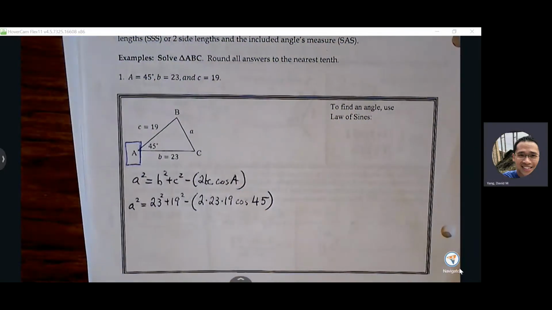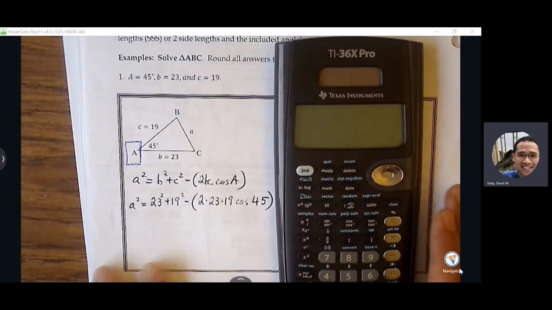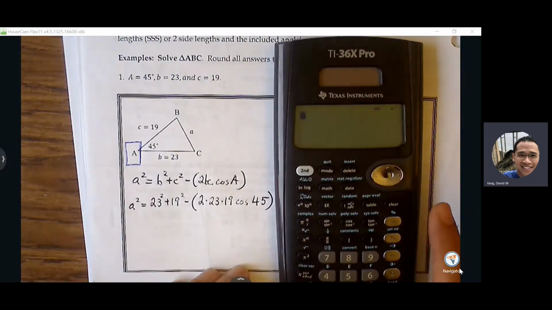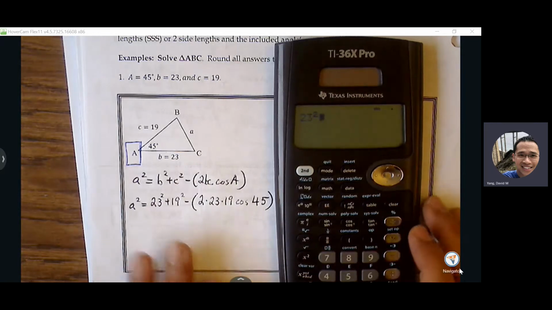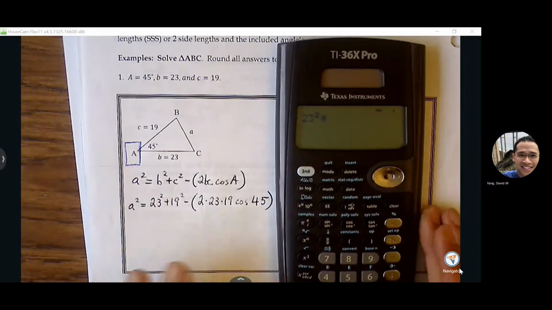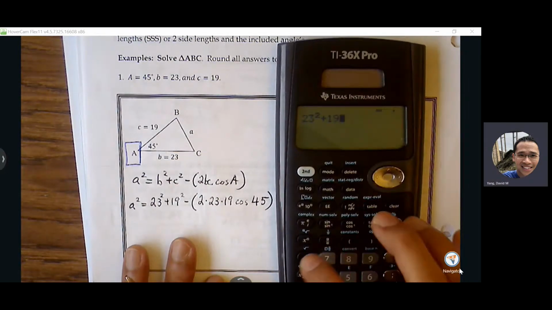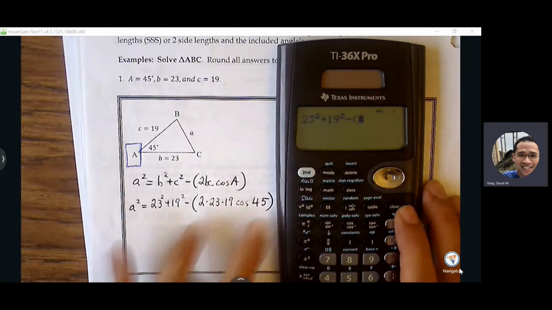Okay, so now we're just going to practice entering this into our calculator. Again, make sure you're in degree mode. Having that set of parentheses, I think, will be very helpful for us.